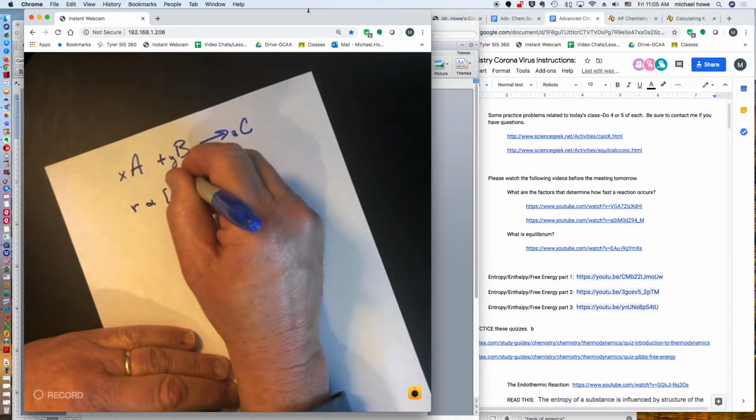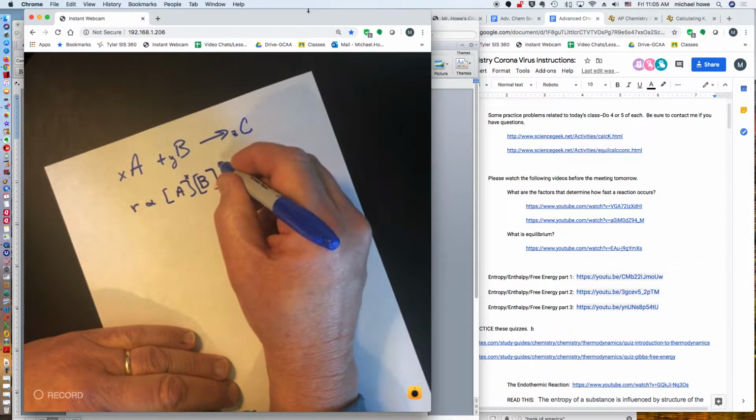So the coefficient for A was X, the coefficient for B was Y.